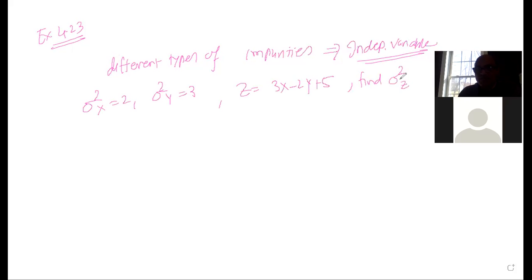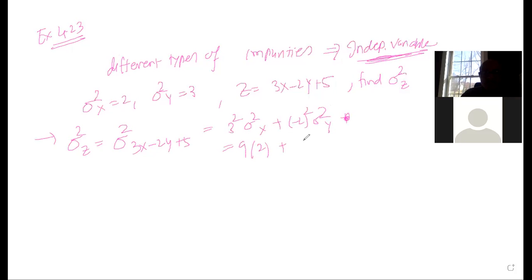So the variance of Z equals the variance of 3X minus 2Y plus 5, which equals 3 squared times the variance of X plus -2 squared times the variance of Y. No need to write anything more because they are independent variables. So that is equal to 9 times 2 plus 4 times 3, which is 18 plus 12, equal to 30.